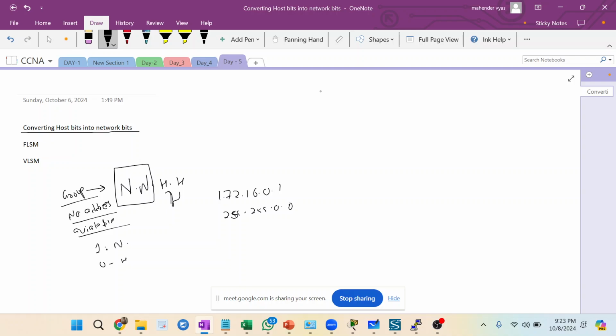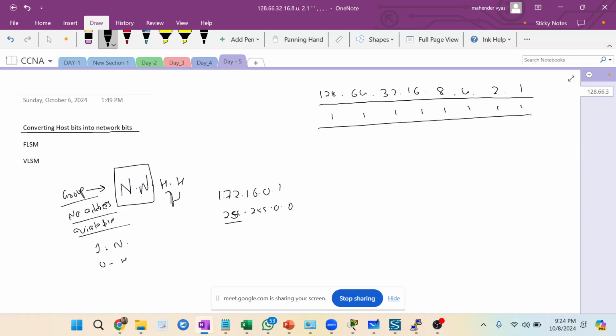Now when it comes to the binary table, if I want to write 255 in the binary table, what would it be? 1, 2, 3, 4, 5, 6, 7, 8.